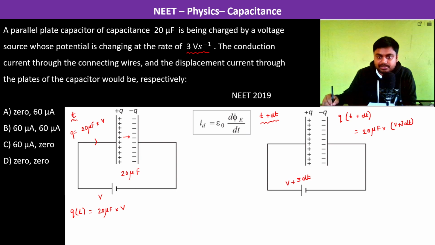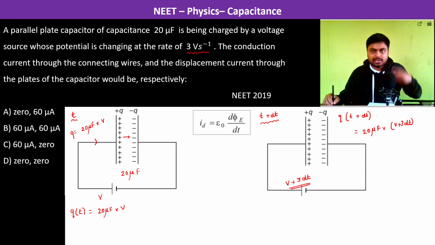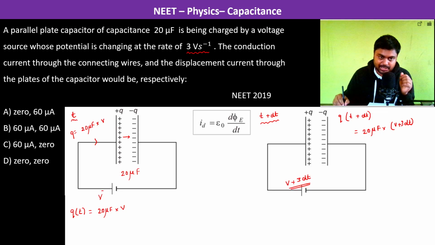Why have we written V plus 3 dt? You can see in 1 second it increases by 3 volts, so in dt time it will increase by 3 into dt volts. So the new voltage is V plus 3 dt, because the original one was V.